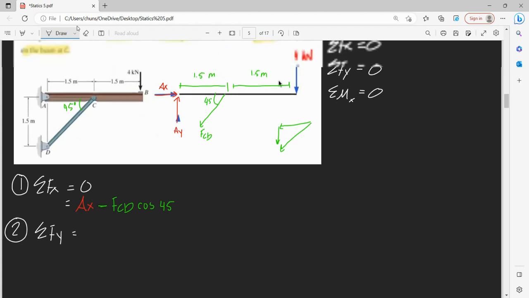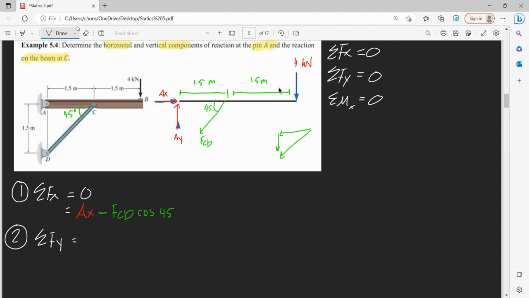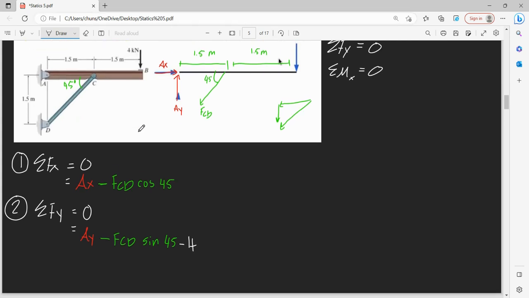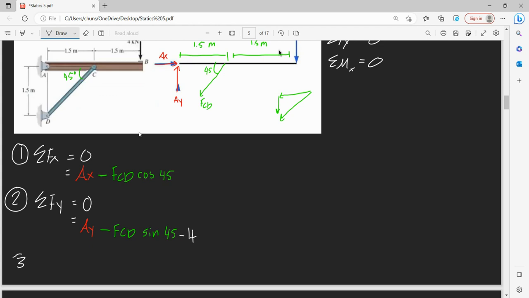Our Fy is equal to, so we have our positive Ay force pointing upwards. We established that our y component for FCD is pointing downwards, so that's negative, CD sine 45. And we have our external force of 4 kilonewtons downwards. Okay, so that's it for our Fy reactions.